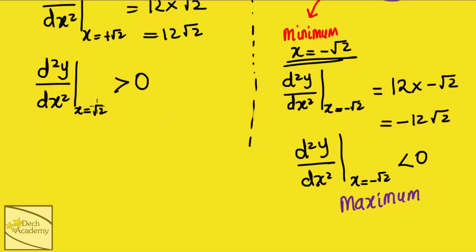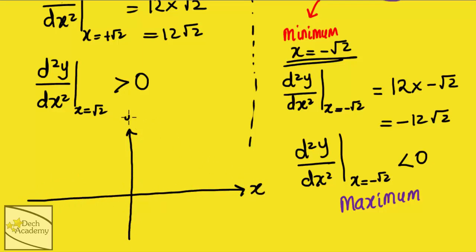So the graph will look something like this, I'll just sketch the graph. So this is the x-axis, y-axis. There's a stationary point when x is minus root 2, so let's assume that's somewhere here. There's a stationary point also when x is root 2.